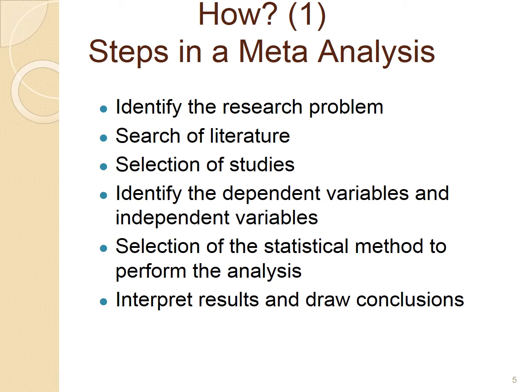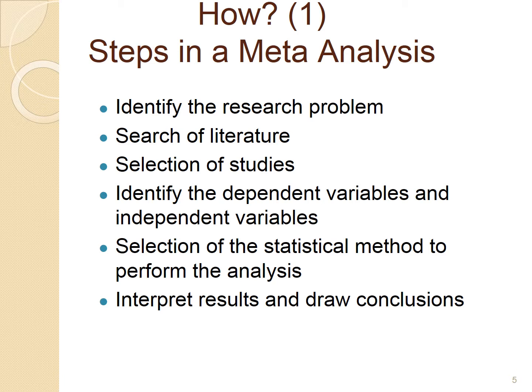These are the basic steps for meta-analysis. We first identify the research problem, and we do a search in the literature. Based on the findings from the literature, we select the studies that we are interested in that are really related to our research problem.